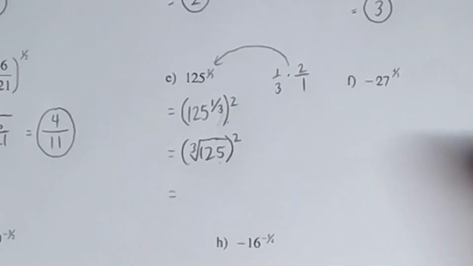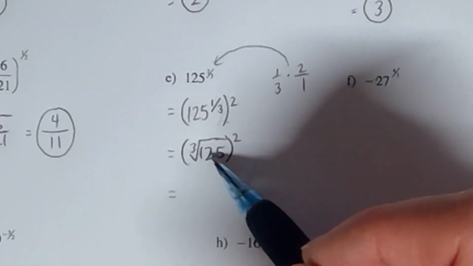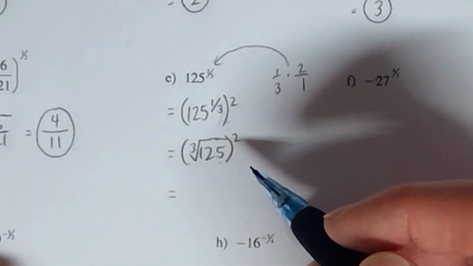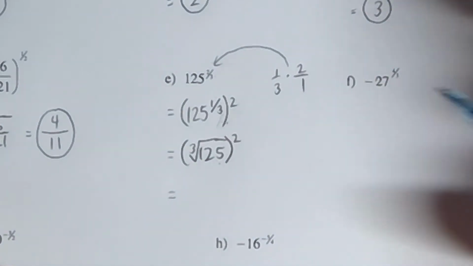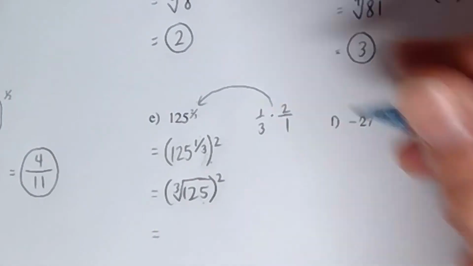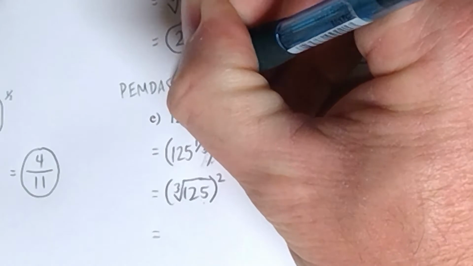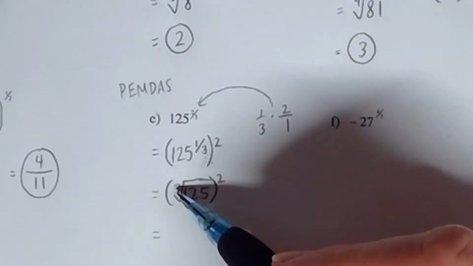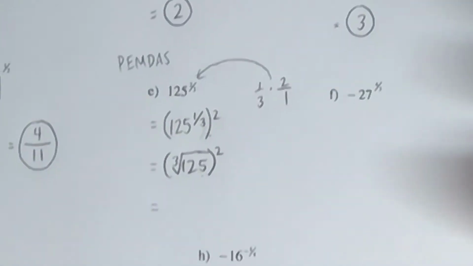Radicals do not necessarily come before exponents, sometimes they do, depending on how you were taught this, but what I meant to say was parentheses come before exponents. Just like when we've said in the past with PEMDAS, please excuse my dear Aunt Sally, that's your rules for order of operations. Parentheses come before exponents. And since there's a radical inside of the parenthesis, we got to do the radical first and then the exponent. Okay.